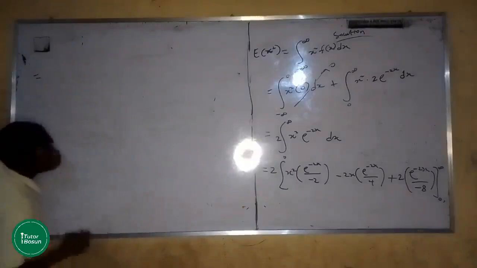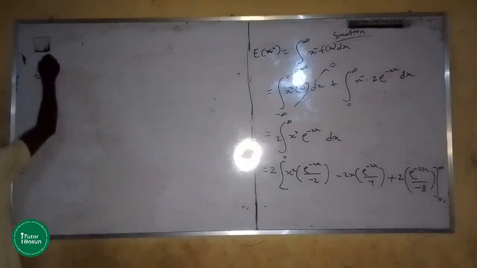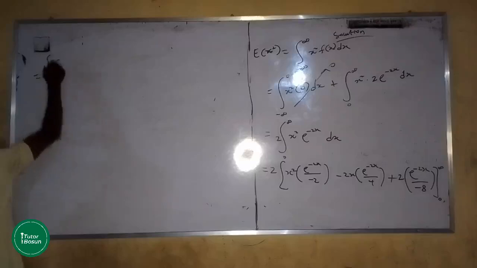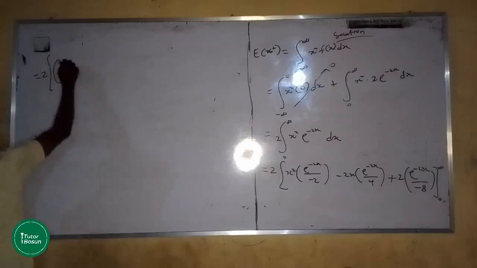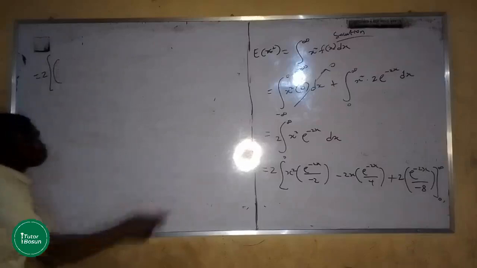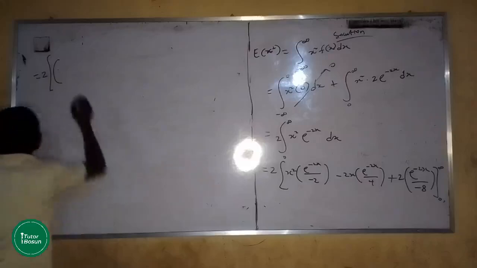By introducing our boundary condition, here we have 2. 2 is a constant on its own. So let's bring in another bracket. Here we have x squared, and the first one is infinity. So let's put it directly.